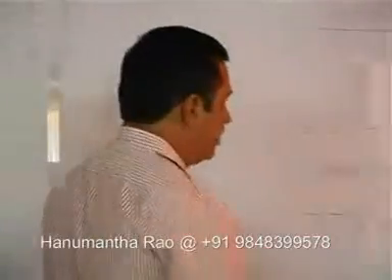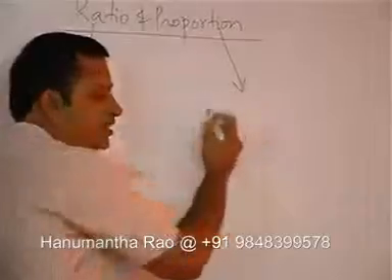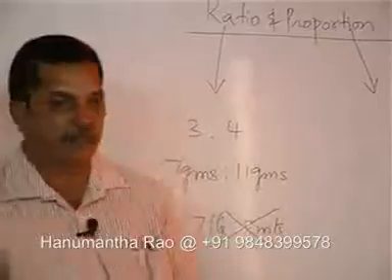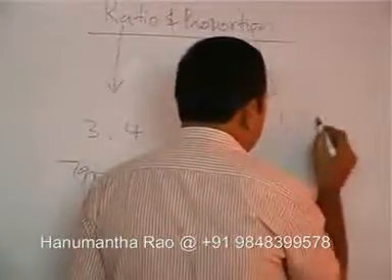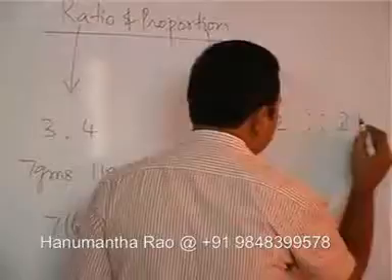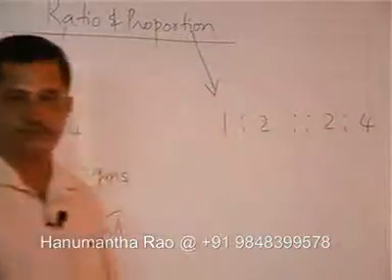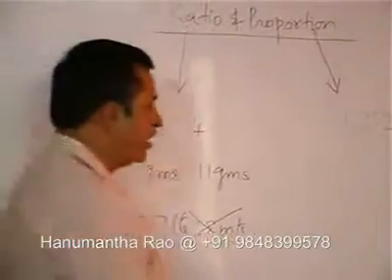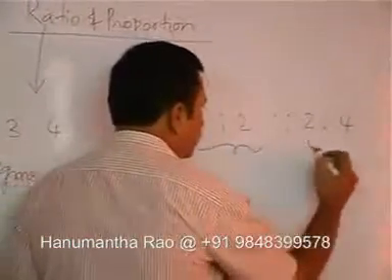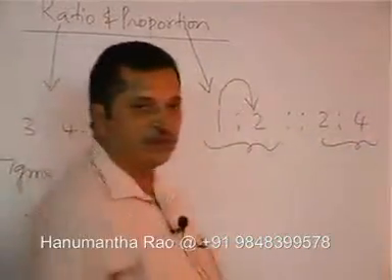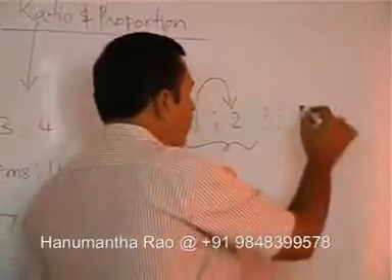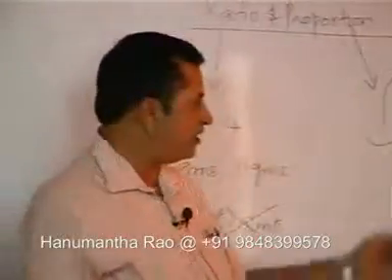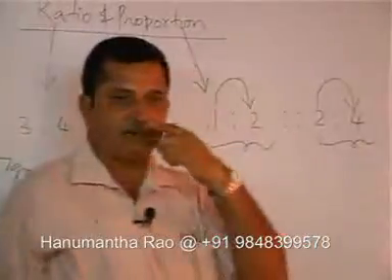And proportion means relation between two ratios is called as a proportion. 1:2 is as to 2:4 means according to the ratio, this is one ratio and this is another ratio. The same relation is followed between 2 and 4. 1 is doubled as 2 and 2 is doubled as 4 here.